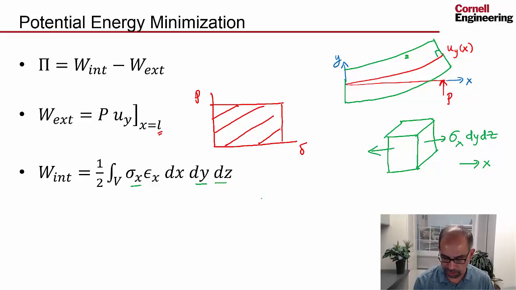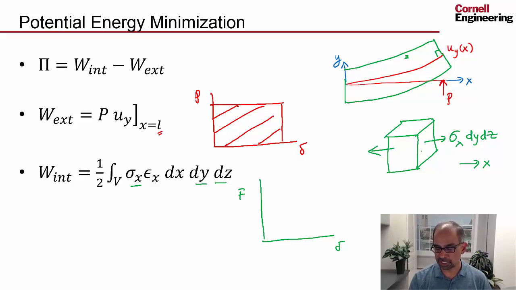And then if I do the same business of force versus displacement, now the force is given over here. So let me say this is the force versus the displacement on this infinitesimal chunk. There's a contrast to the external force, because the internal force is going to be 0, and then as I apply this external load, it's going to keep increasing until it reaches the final deformed state.